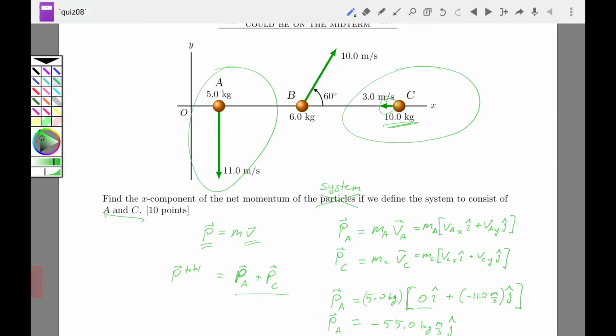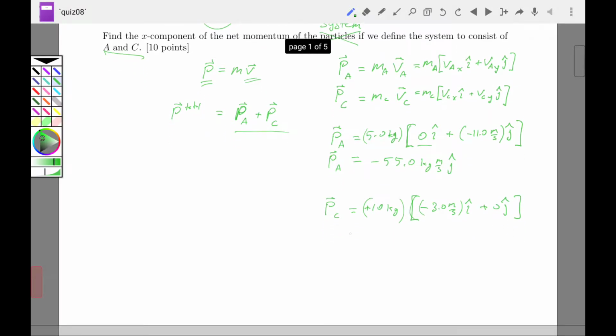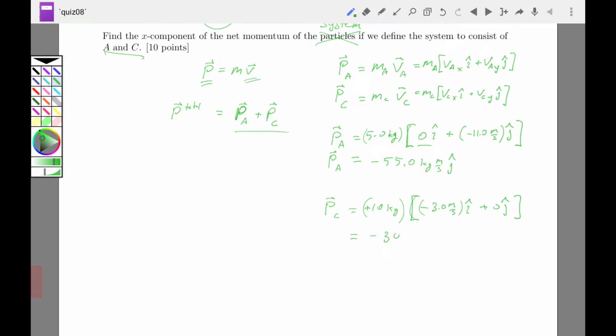Nothing, the velocity vector doesn't point up or down at all. So this is negative 30.0 kilograms meters per second I-hat.